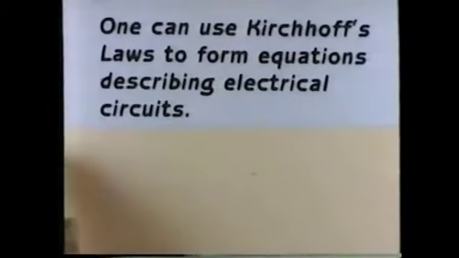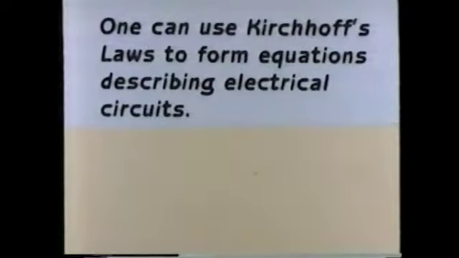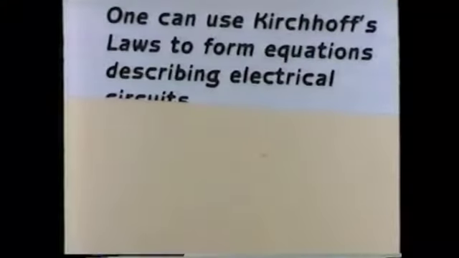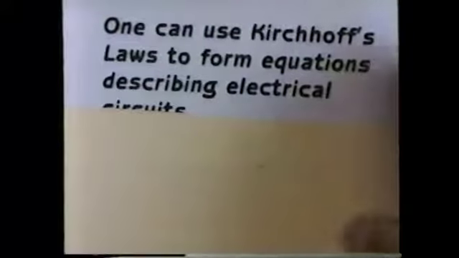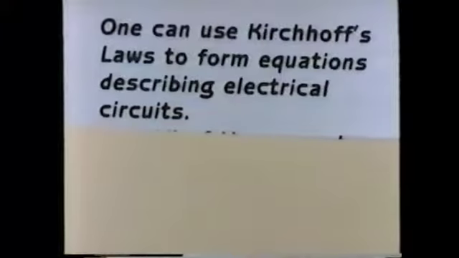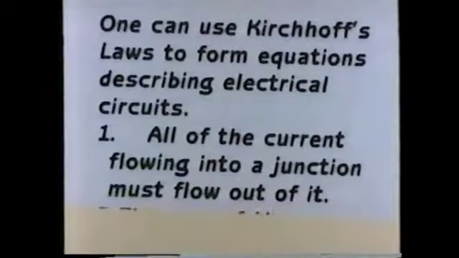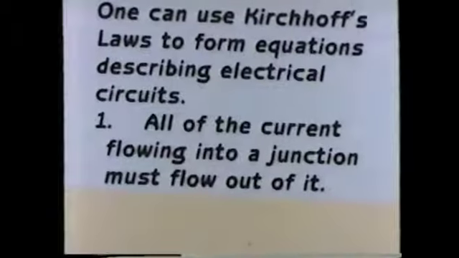Let's look at a second application. One can use Kirchhoff's laws to form equations describing electrical circuits. Now, if you've had physics, you know Kirchhoff's laws. If you haven't had physics, then you need to refer to the laws as I've written them here.